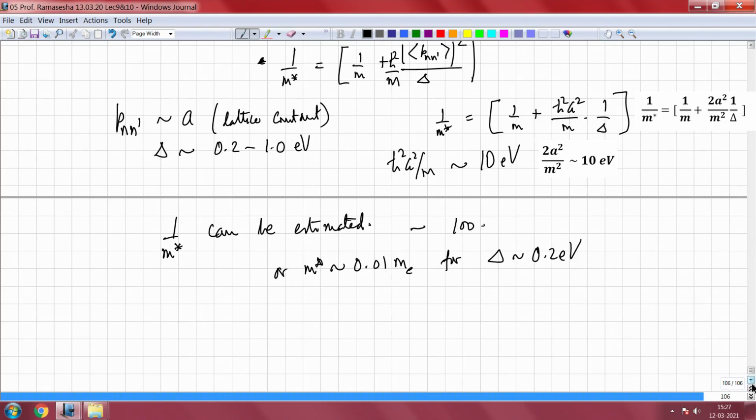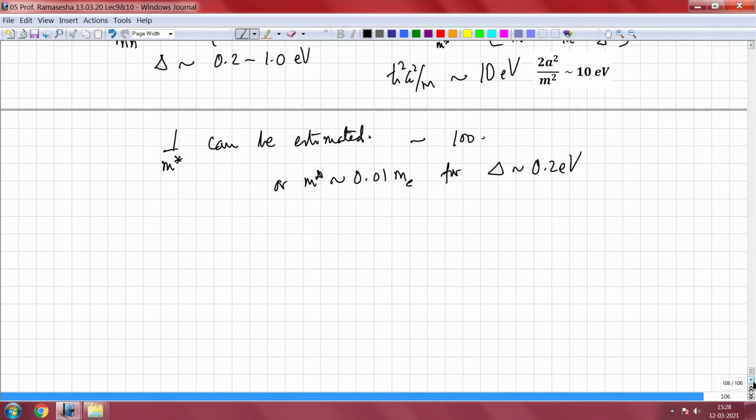And what I am going to be doing in the next few lectures is to study methods of calculating energy bands. Already we have seen two methods.